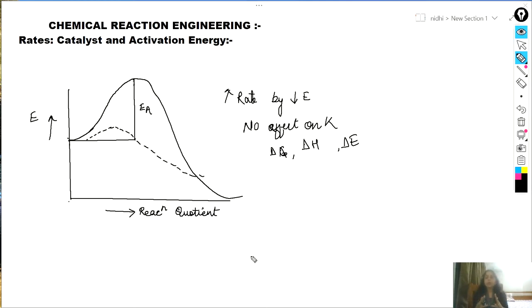Okay, so K will not be affected by a catalyst, and part of this is because notice that it lowers the activation energy for the forward reaction and it also does that for the reverse reaction. So you will still reach a point where, see what we have in the reaction, we have forward reaction and at the same time we have reverse reaction.